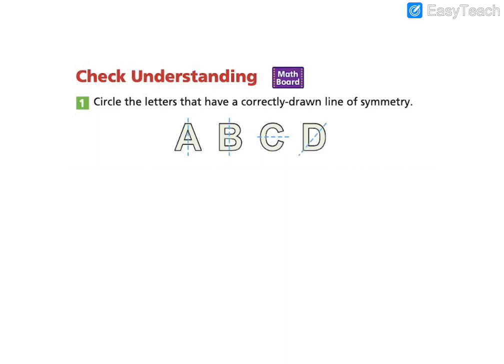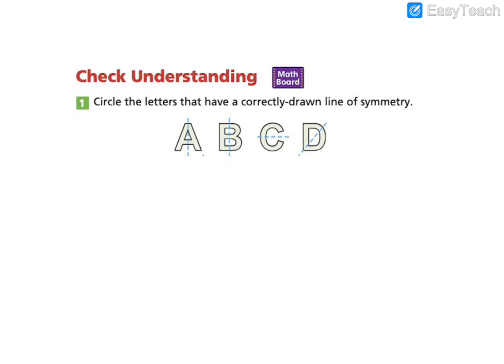All right, go ahead and complete the check understanding. So you're circling the letters that have a correctly drawn line of symmetry. Pause the video if you need any more time to find the letters.